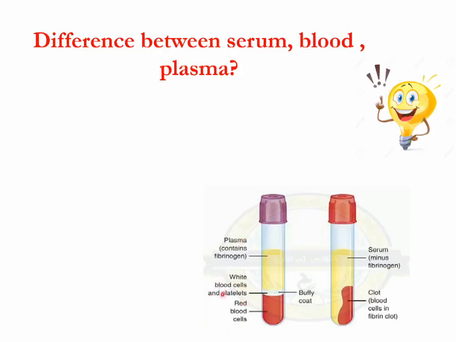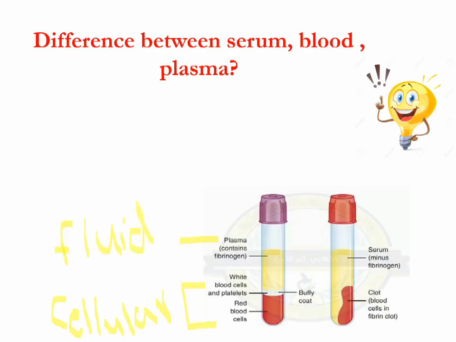All of these components together we call the cellular portion of the blood. In addition to the plasma, and the plasma represents the fluid portion of the blood.